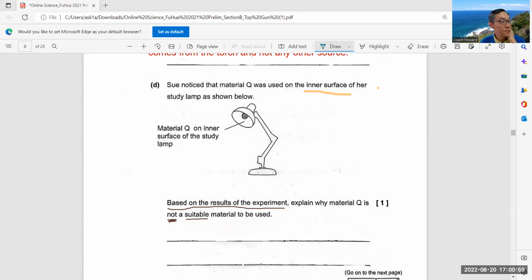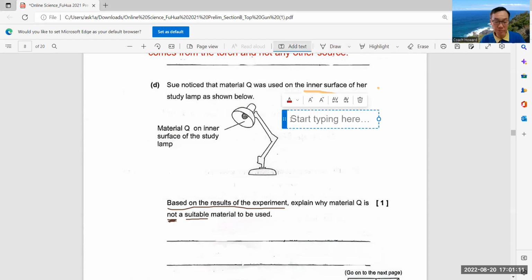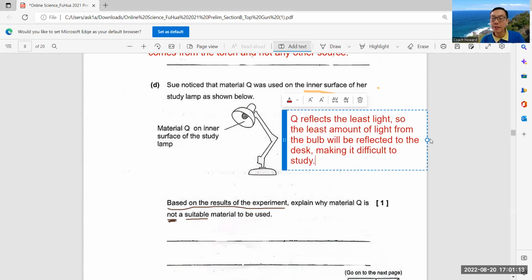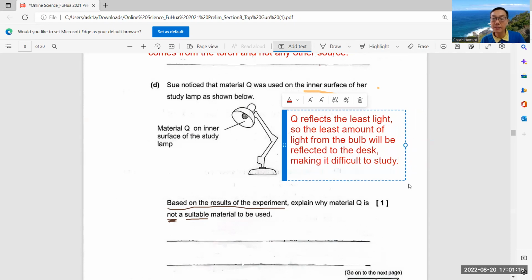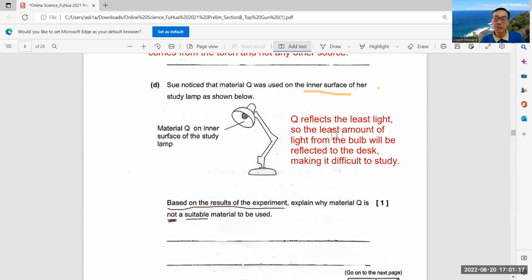The reason here is very simple: material Q reflects the least light. So I put it next to it: Q reflects the least light, so the least amount of light from the bulb will be reflected to the desk, making it difficult to study, because you want to use it as a study lamp.